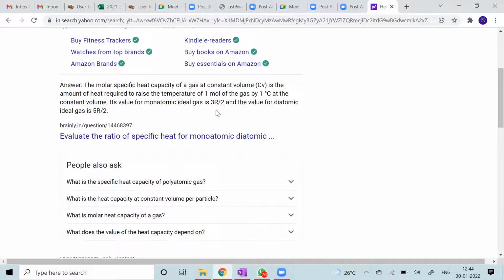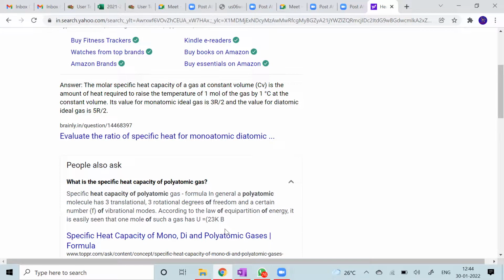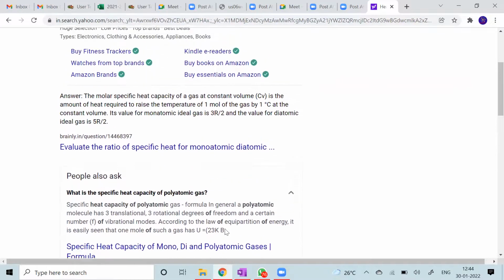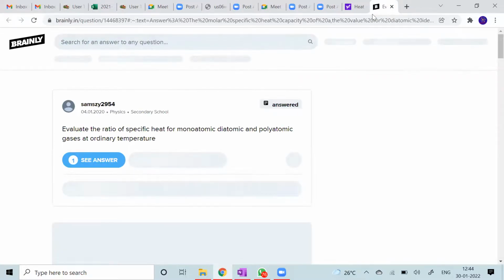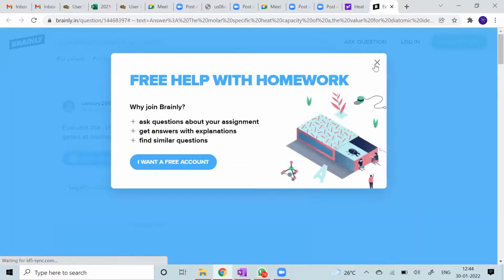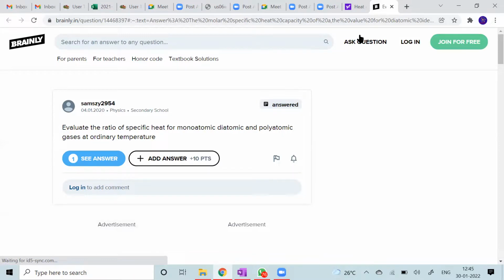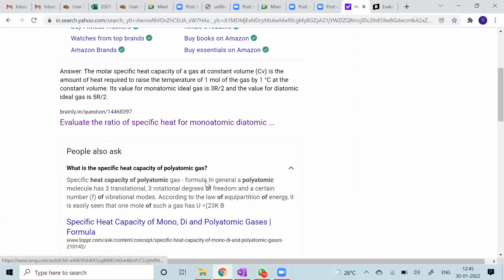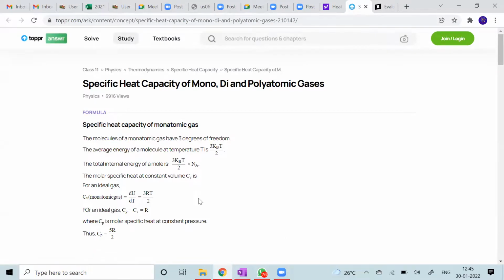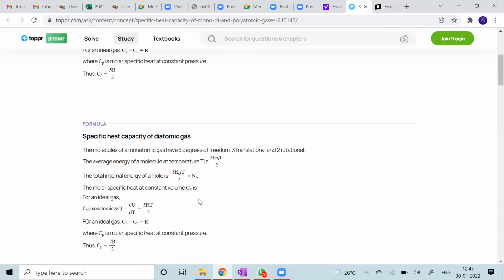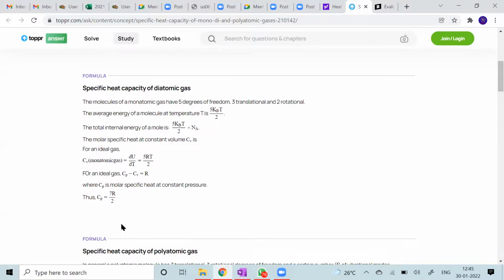Okay, for a monatomic gas, it is 3/2 R. For a diatomic gas, it is 5/2 R. And for a polyatomic gas, it is 7/2 R. What I told was correct only.